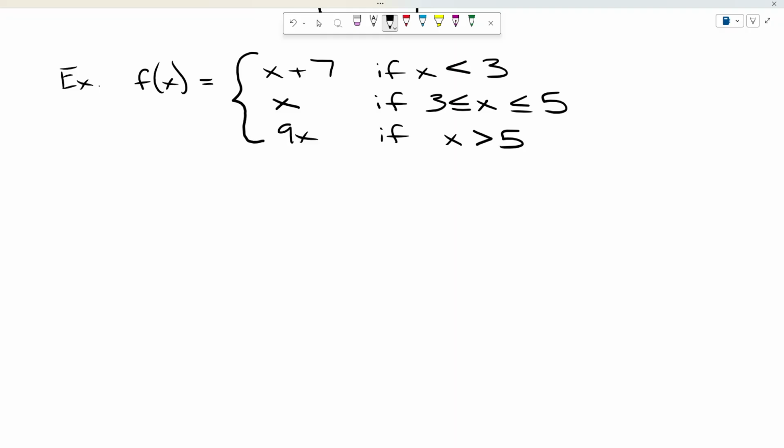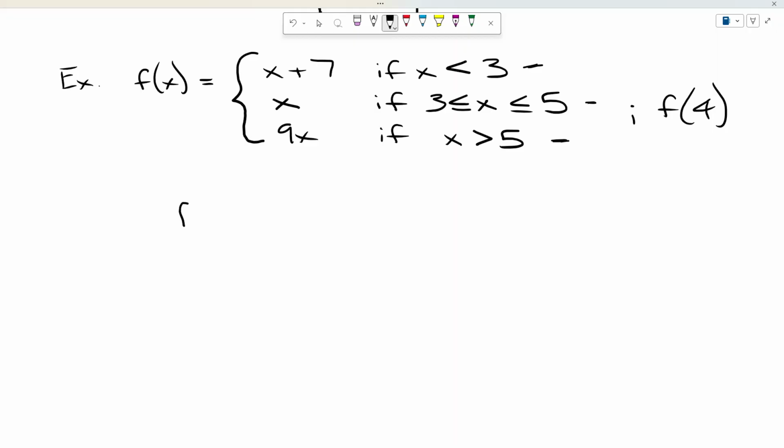All right, let's evaluate for f of 4. So it looks like we have all the bases covered on the domains. So this top one, this is all x less than 3. Bottom one is all x greater than 5. And then the middle one has 3, 4, and 5 covered.